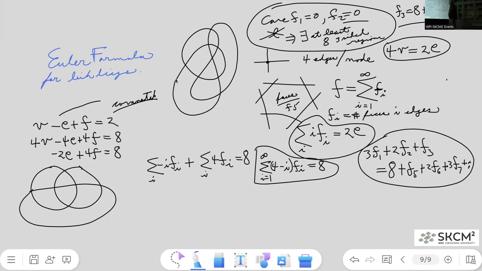So it must have at least 8 three-sided regions. It must, in fact, have 8 three-sided regions, and it does. And we saw that last time. So the Euler formula makes a very strong constraint on a lot of the things that can happen with these diagrams, and that's interesting. You might enjoy exploring this on your own. Try drawing some diagrams and see how this kind of balance is working.